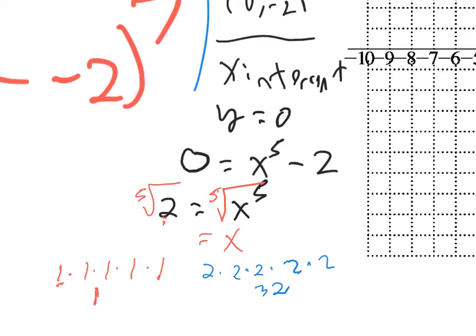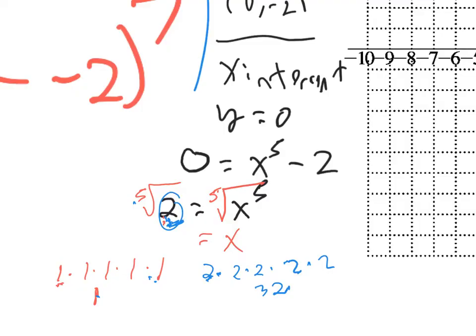So I need a number between 1 and 2 to give me this inside number. I don't know what it would be, but it's got to be bigger than 1, but less than 2, because 5th root means what times itself 5 times gives you this number. Has to be between 1 and 2.